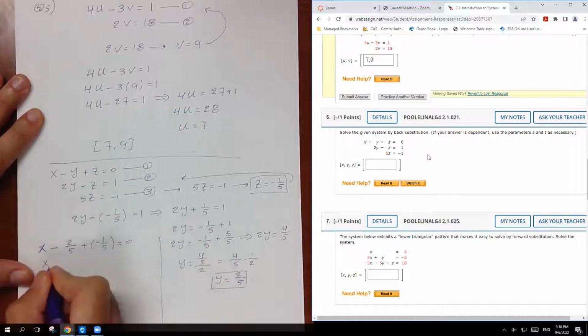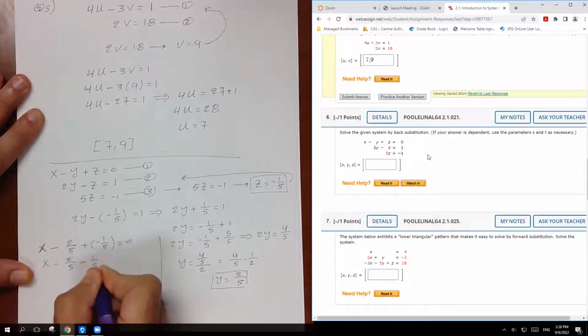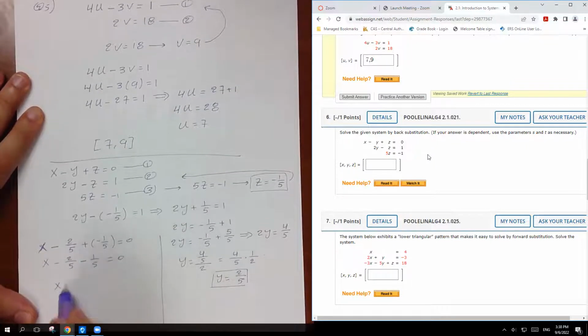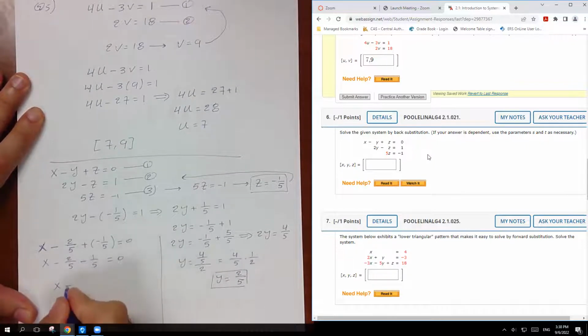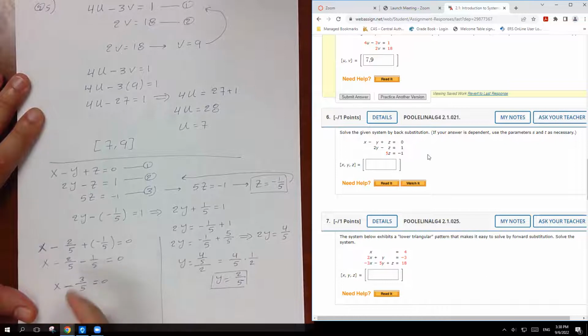Then x minus 2 over 5 minus 1 over 5 is going to be 0. Combine these together because they have the same denominator. So it will be x minus 3 over 5 is going to be equal to 0. Then move it to the other side, that means x is going to be equal to 3 over 5.